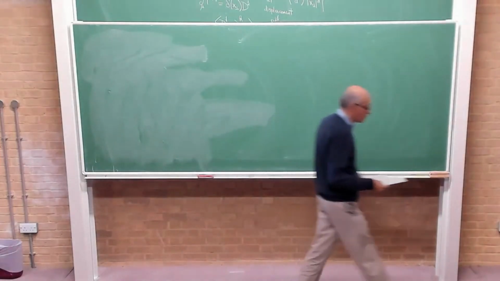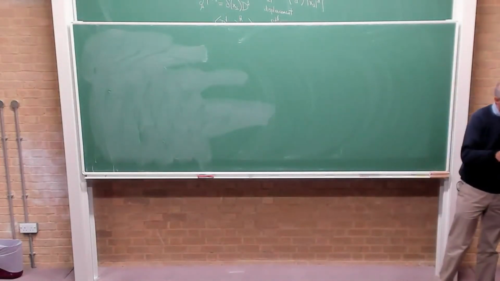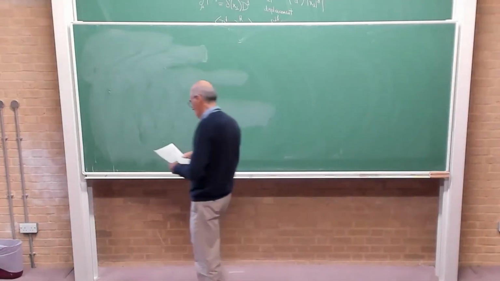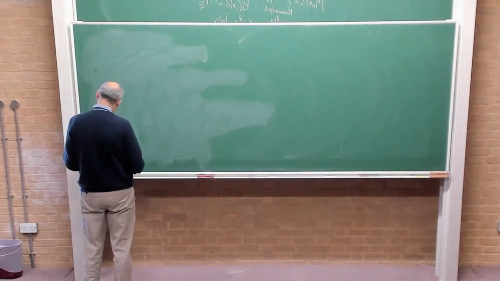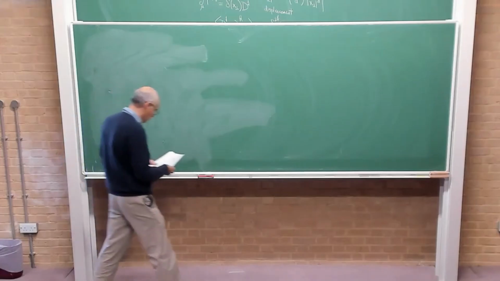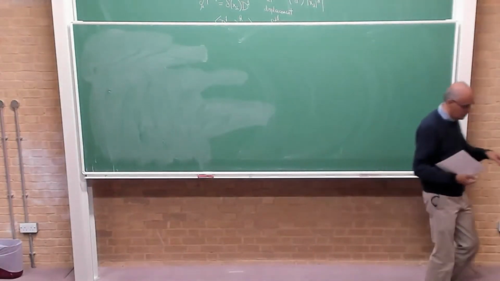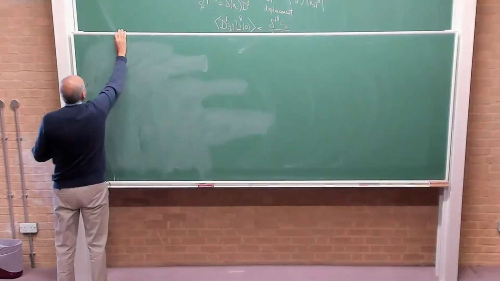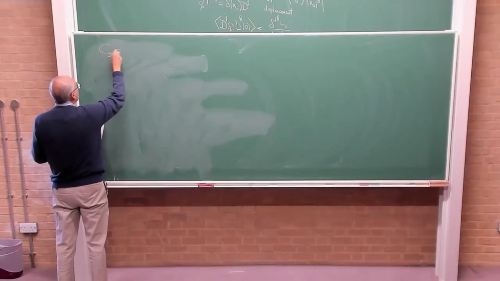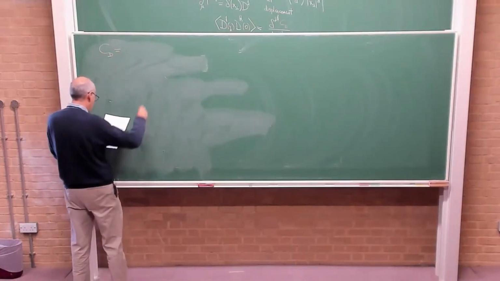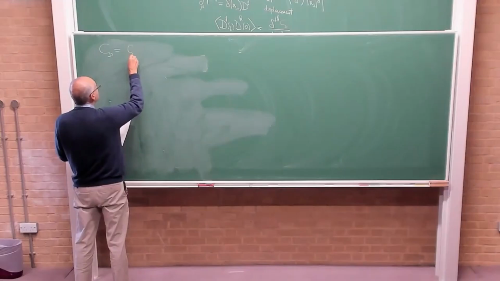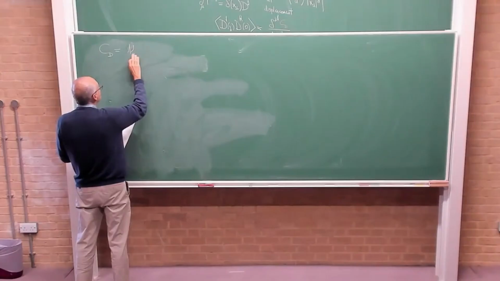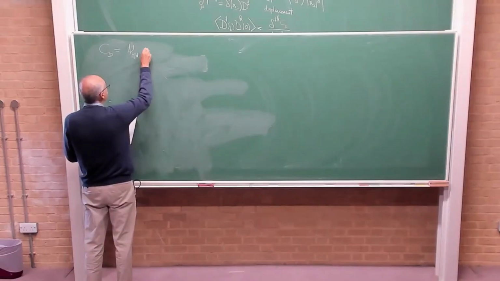So basically, this is simply a linear relation between these two things. Here it is. So the relation is that C_D is some numerical coefficient that depends on p and d, but doesn't depend on the defect, times A_T.